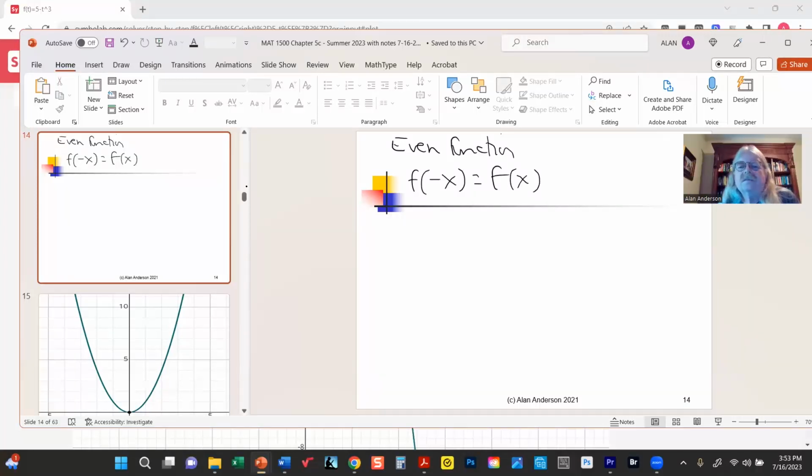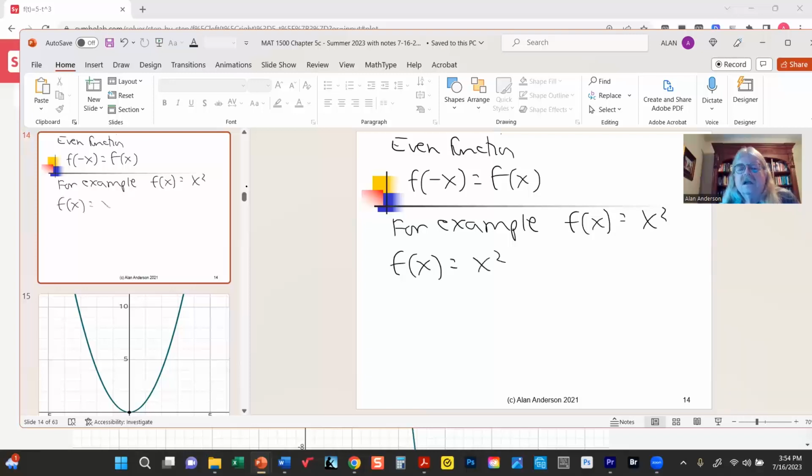So, for example, f of x equals x squared. F of x is obviously x squared. F of negative x is negative x squared, which is x squared. So this is a perfect example of an even function.